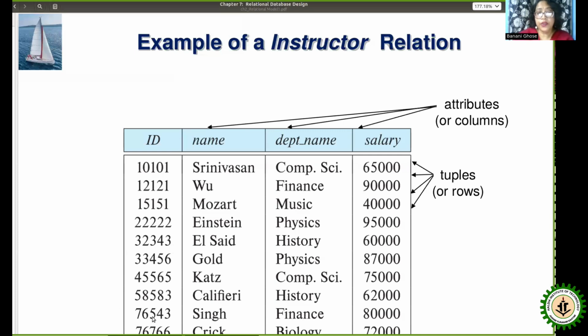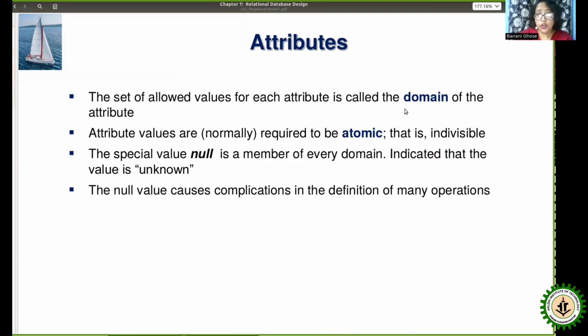Moreover, if we concentrate more, we can see that it comprises 5-digit numbers. So the domain of the ID attribute must be numeric, and moreover it is limited to 5-digit numbers. This is called the domain of the attribute.